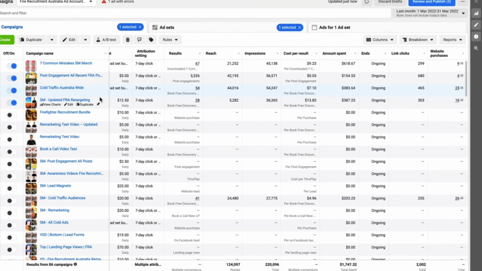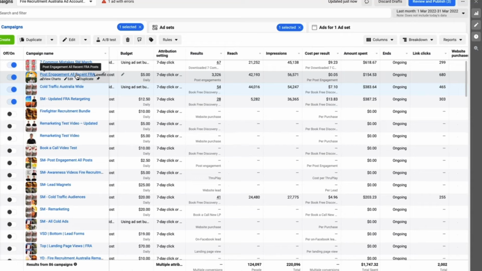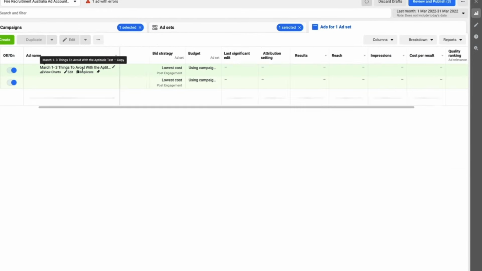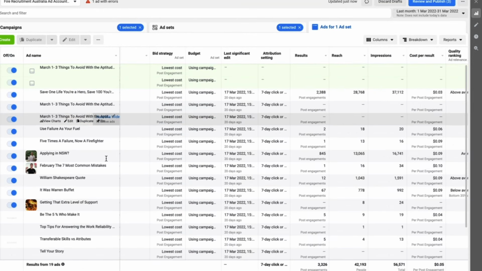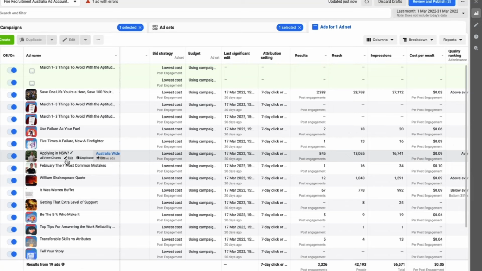And if we just come over to the post engagement right here, that's quite useful for generating a wide level of engagement. And some of the posts that we're sharing and promoting are around the success of Fire Recruitment Australia's resources and products.